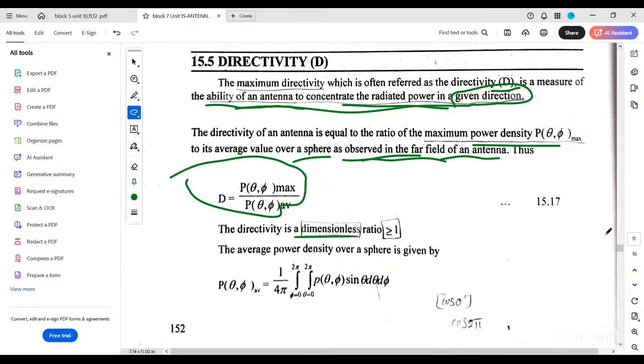Just check the steps. This is substituted, and finally we get one equation, equal to 2, 4 pi by 2 pi equal to 2.